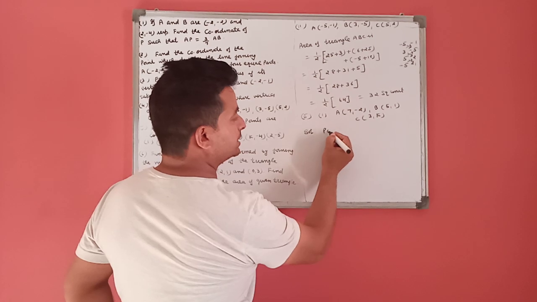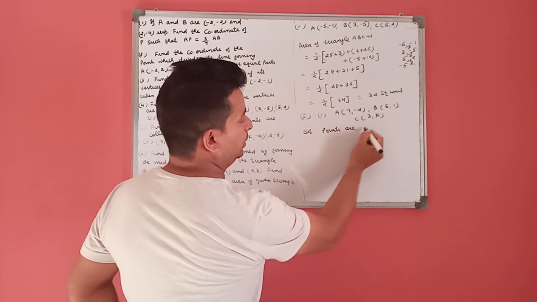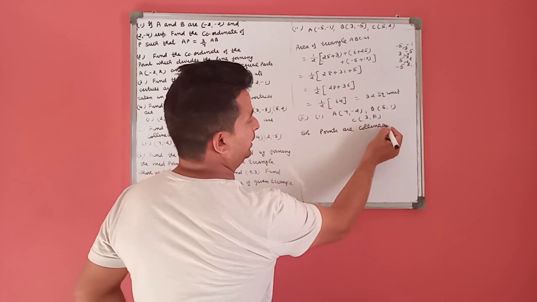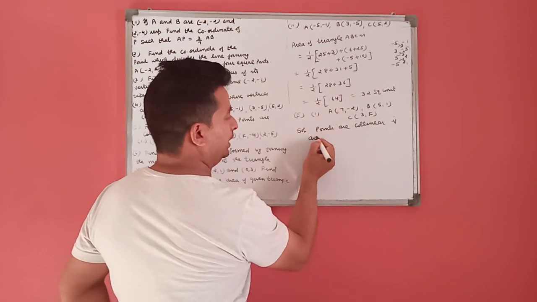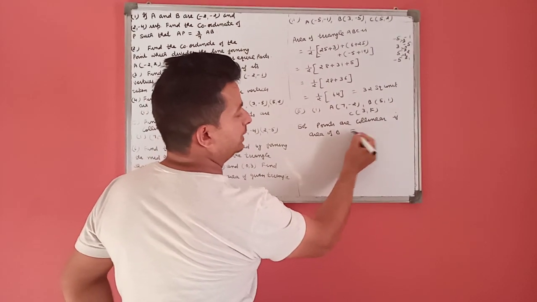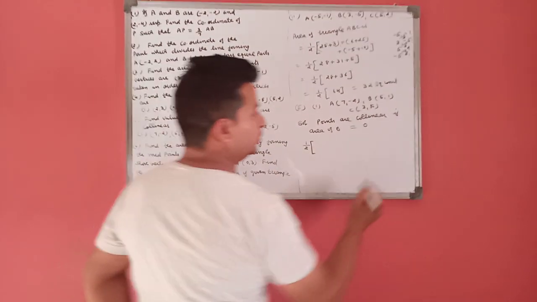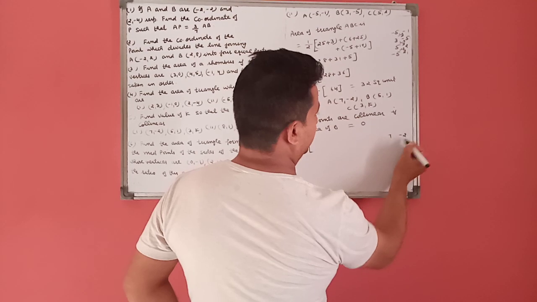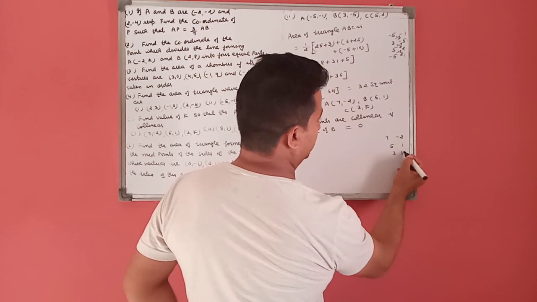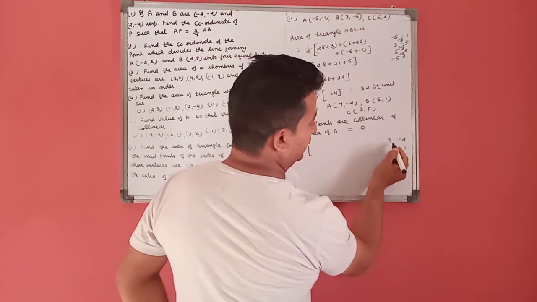Remember, points are collinear if the area of the triangle is equal to 0.